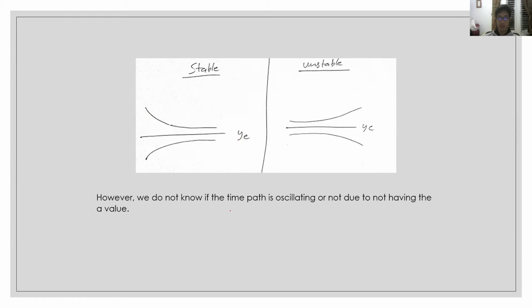However, since we cannot find the time paths, we cannot conclude if the values in every single period are oscillating or non-oscillating. So we don't know if it's going to go up, down, or keep going down, up, whatever. We don't know.